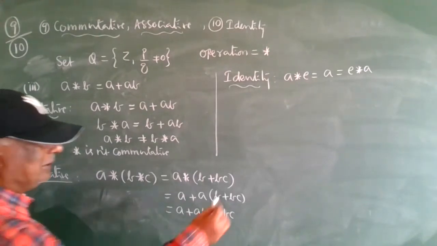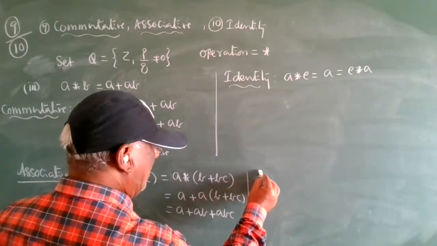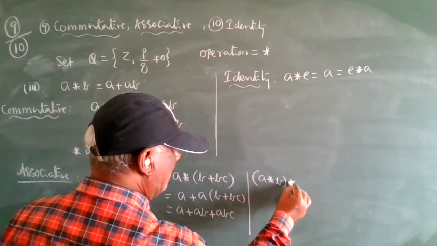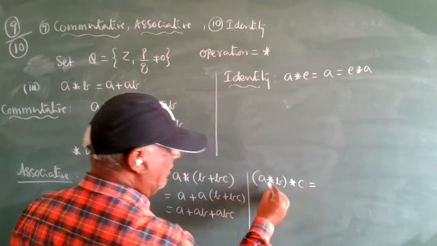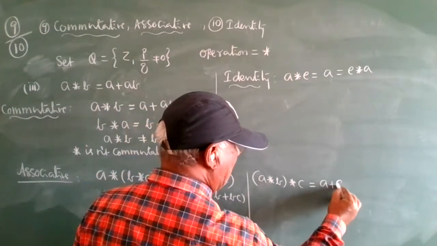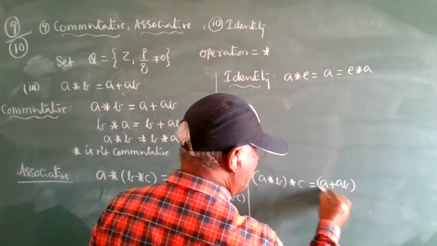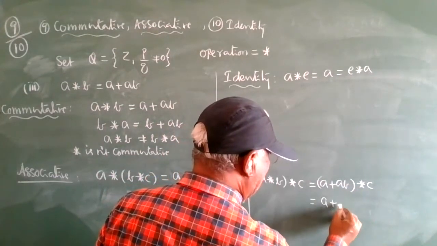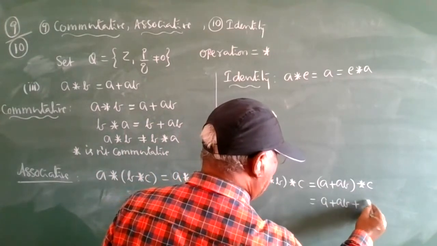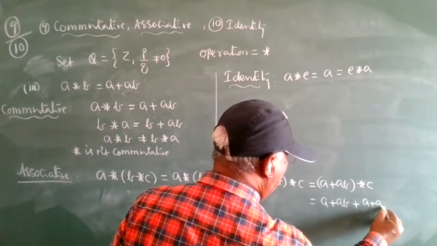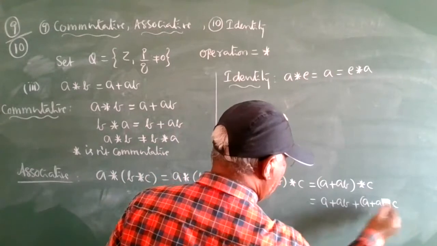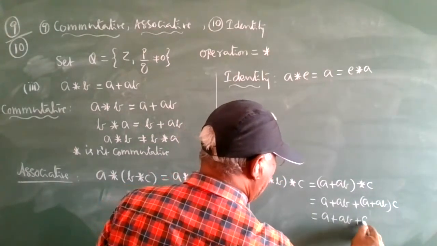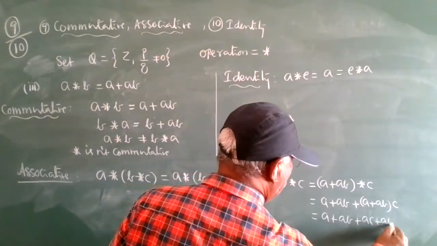Now find out bracket of (A star B) star C. Everyone check. First element A, product of AB star C: A plus AB plus product of A plus AB into C. Therefore, A plus AB plus AC plus ABC.